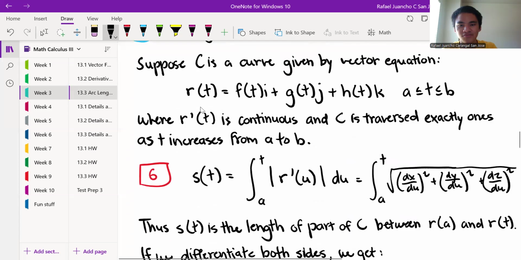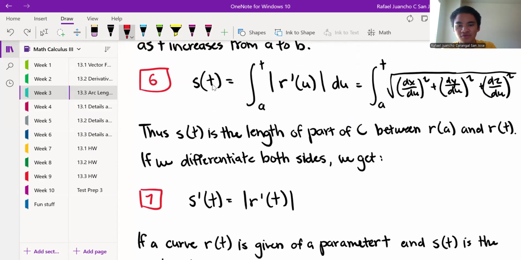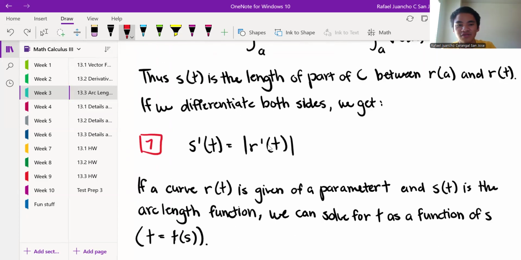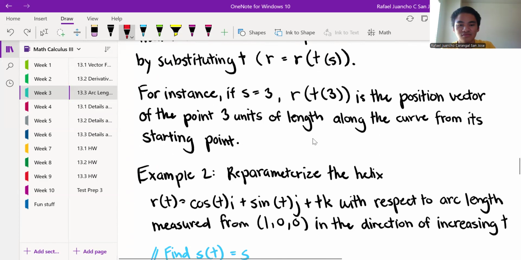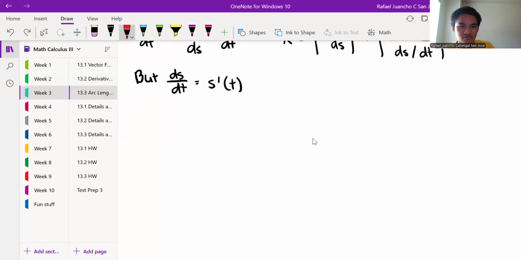The arc length function, we are given a vector equation, we derive this thing, and we say it's the arc length function. So when we take its derivative, we use the fundamental theorem of calculus, and we get this thing. So it's actually just the magnitude of the derivative of my vector function.